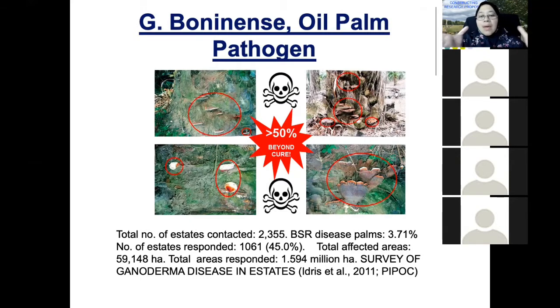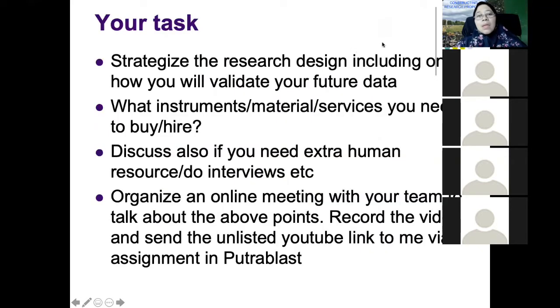If the trees have to be chopped down and removed whenever we have this kind of infection, then the production will be lower than it is supposed to be.